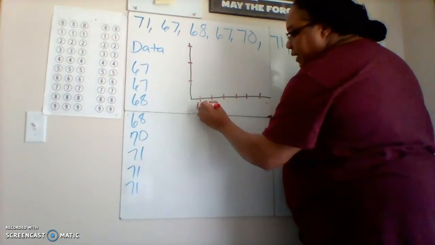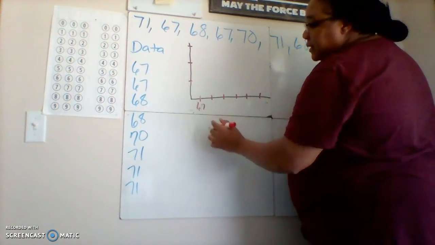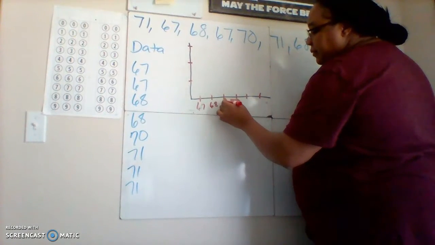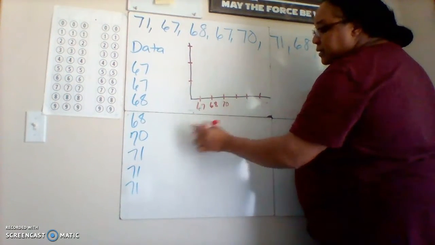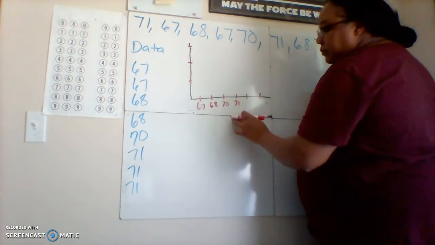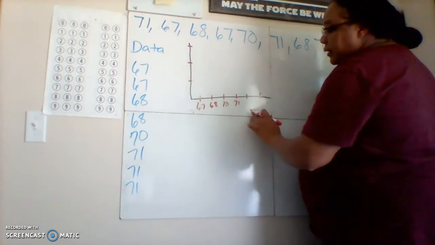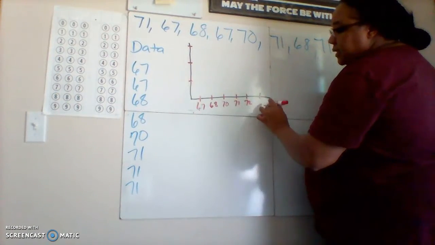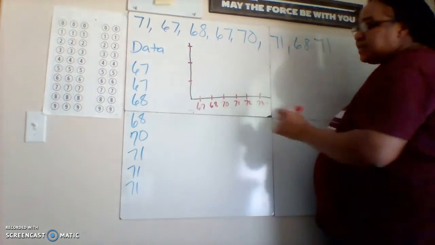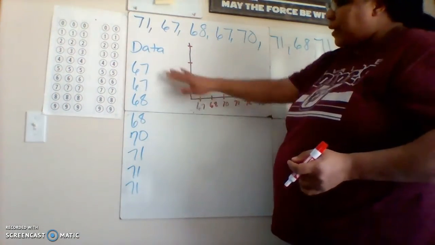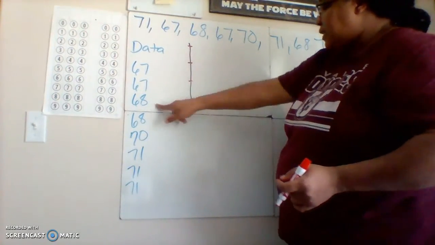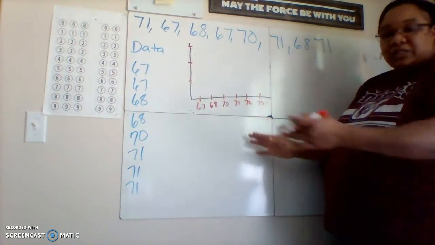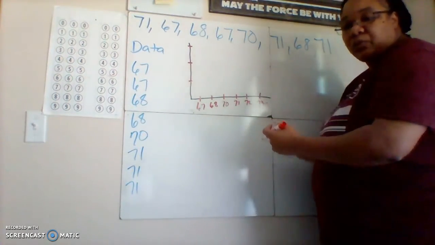So I have 67, I have 68, I have 70, 71, and I'm going to do 72 and 73, just to make sure I have all my range of numbers. I have 67, 70, 68, 70, 71. But I added 72 and 73 just to give me a longer length of my histogram.